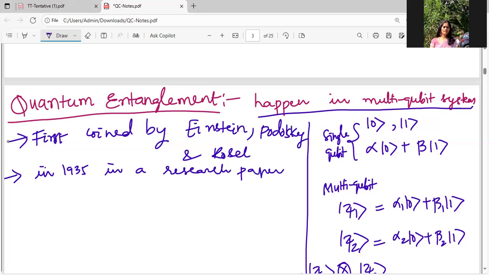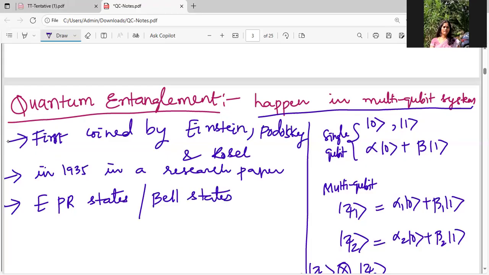Hence, when I'm talking about quantum entanglement, I come across EPR states. These are also called Bell states, guys, about which I'll talk in a few minutes.